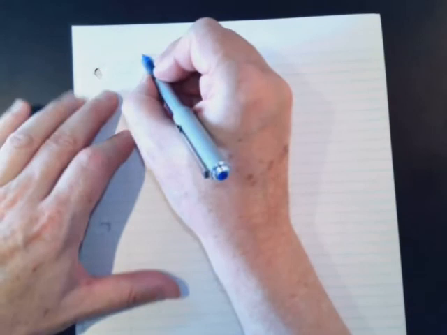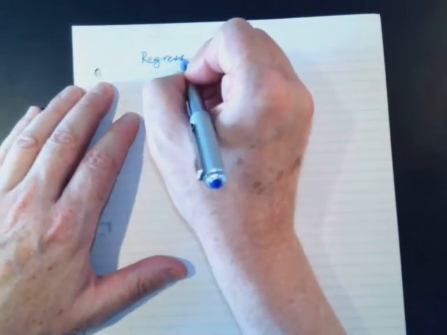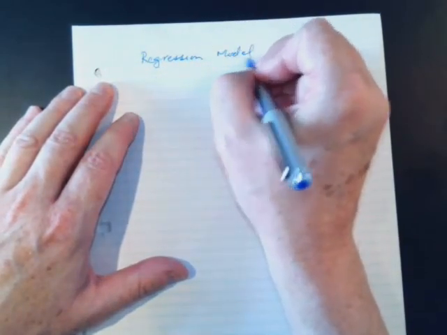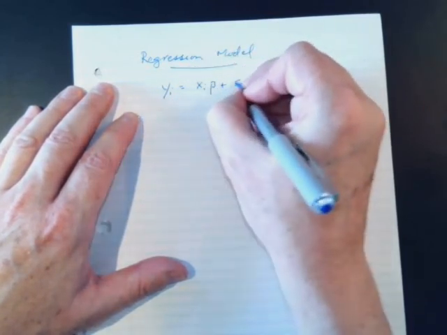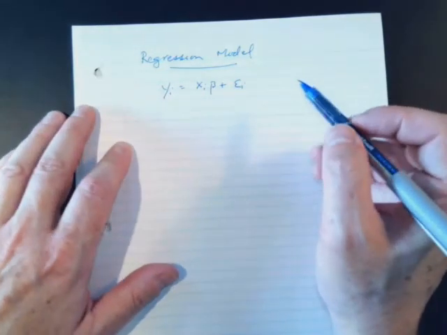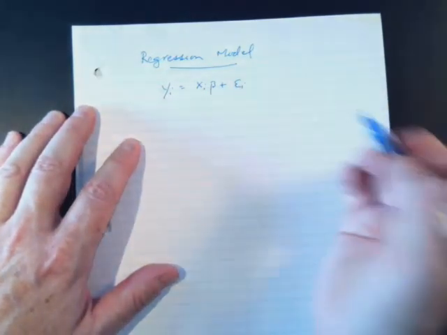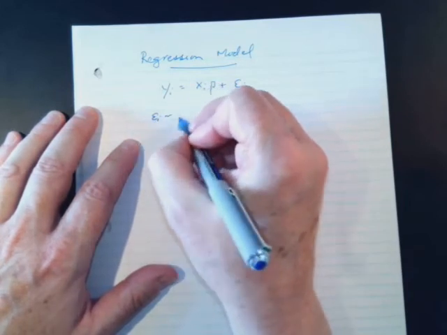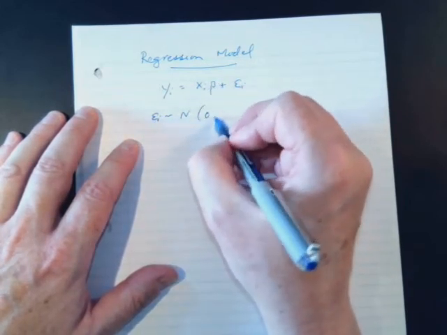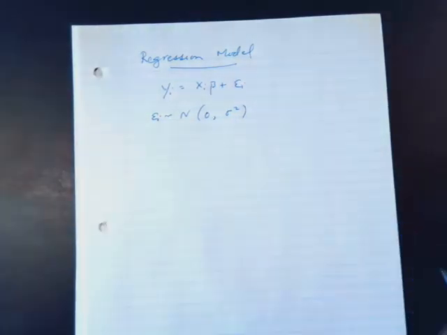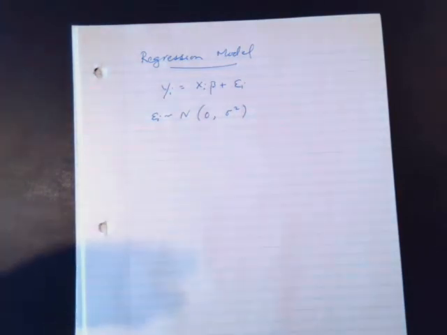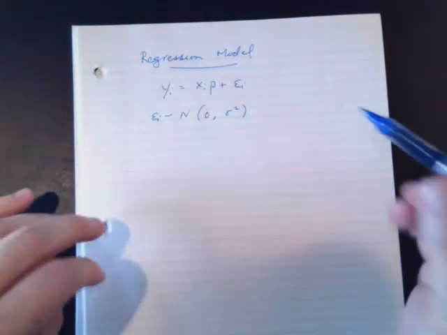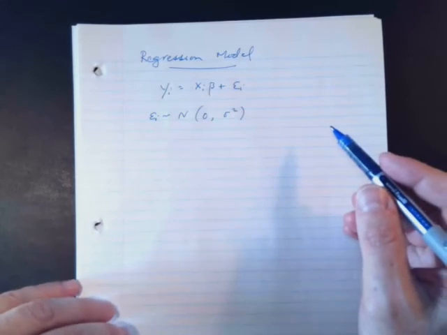We have y equals x beta plus epsilon. Now we have to start with a distribution assumption here. We have to assume that the error terms follow the normal distribution, because it's that assumption that tells us the form of the likelihood function, in particular the normal probability distribution.